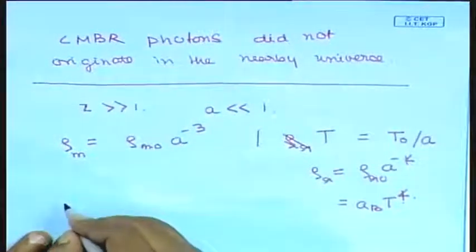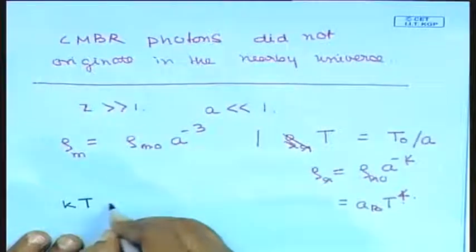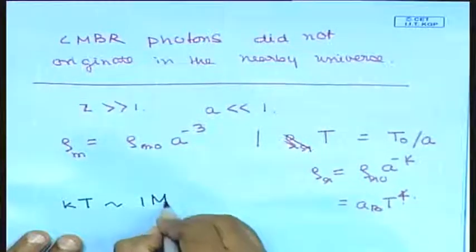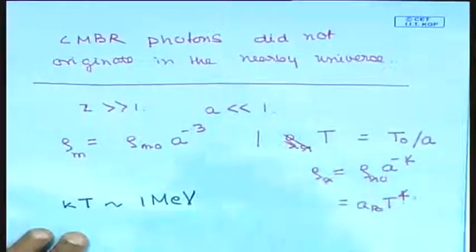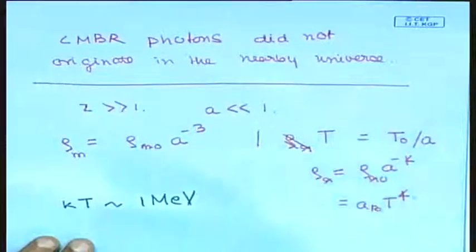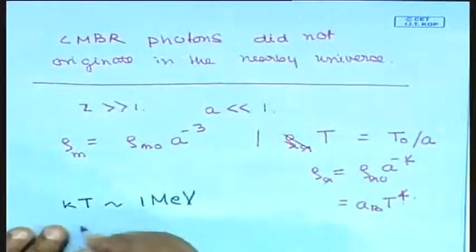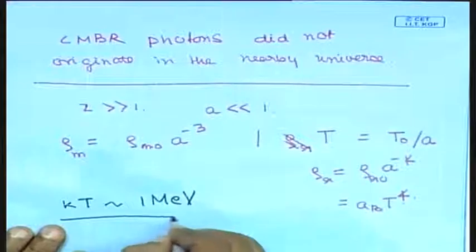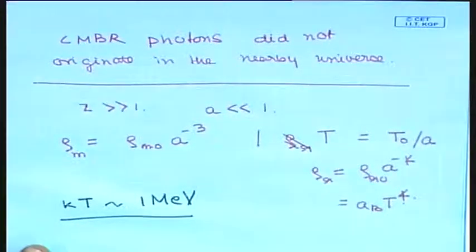Further, if you go back sufficiently into the past, the temperature will at some stage be of the order of 1 MeV. I have told you that the temperature increases as the inverse of the scale factor. So if you go sufficiently back in the past, the temperature will become of the order of 1 MeV. This is comparable to nuclear binding energy.